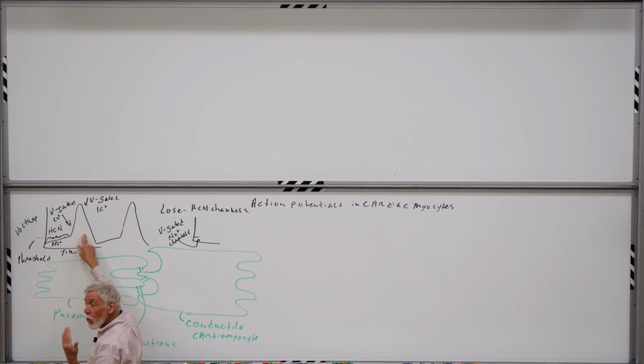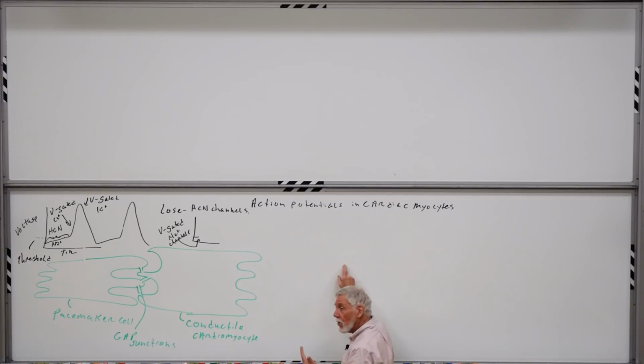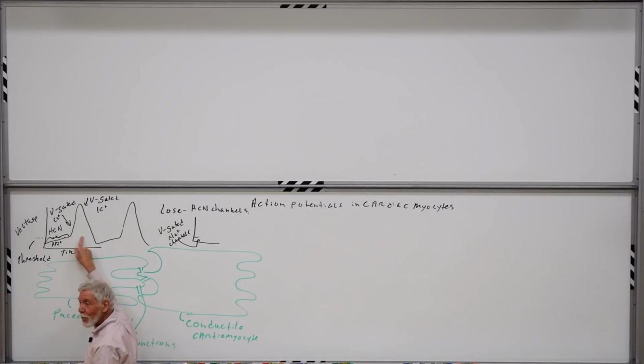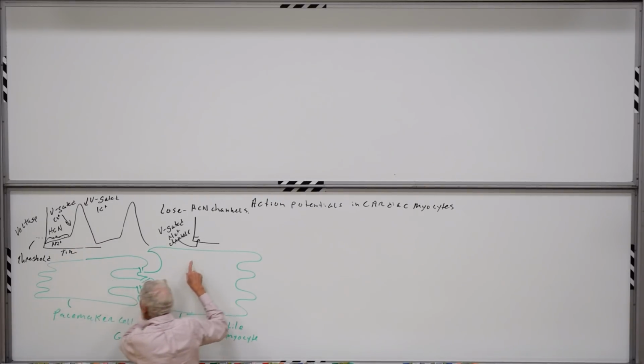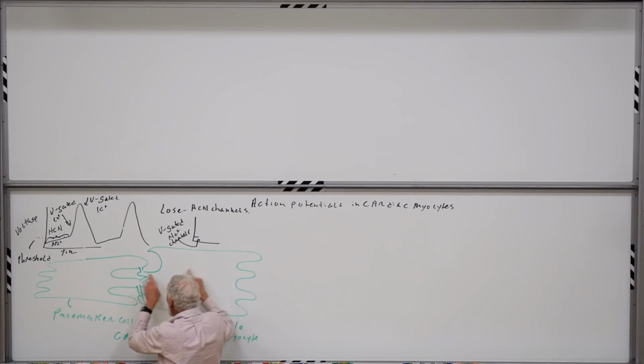You don't begin to incorporate the voltage-gated sodium channels until you get much farther along the line, and particularly until you get into the contractile cells. This is a perfectly respectable action potential, and it will conduct from one cell to the next. One of these pacemaker cells will activate a neighboring pacemaker cell once the action potential is set, and propagate from one to the next.